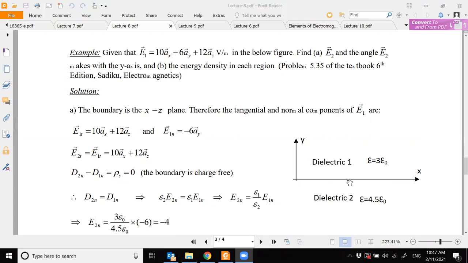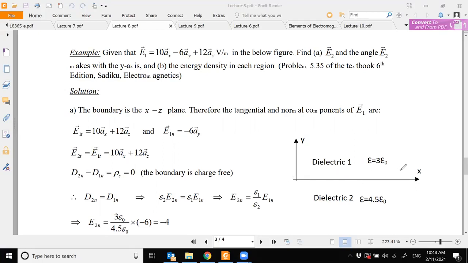In terms of plane, the xz plane at y equal to 0 is my boundary. Which are the tangential components to my xz plane? X and Z.